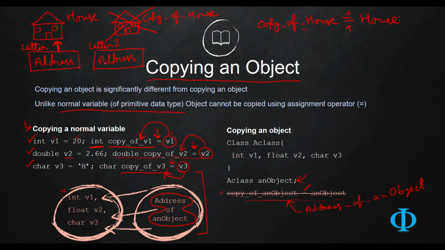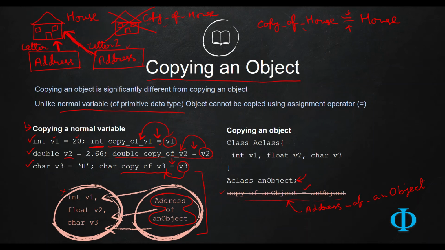And once this address is copied, the copy is also pointing to the same address as before. Since there is no replica, this address is also pointing to the same house here.